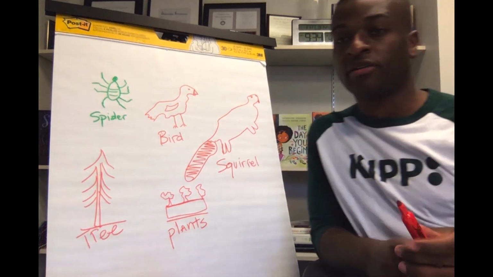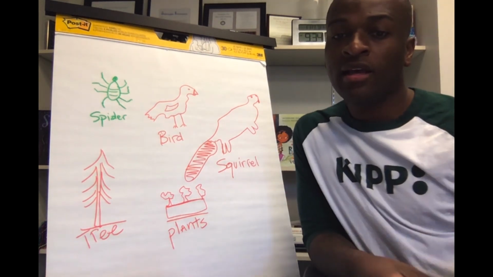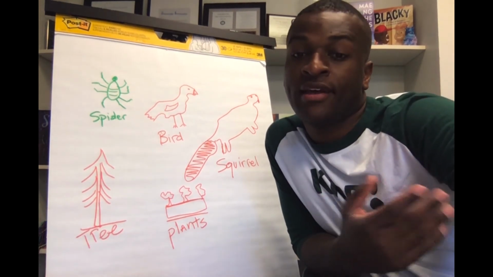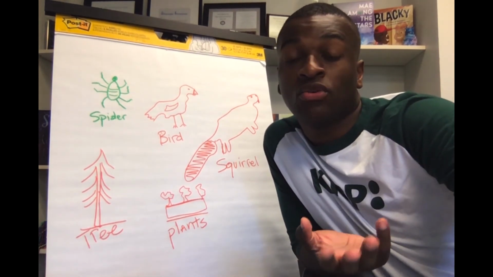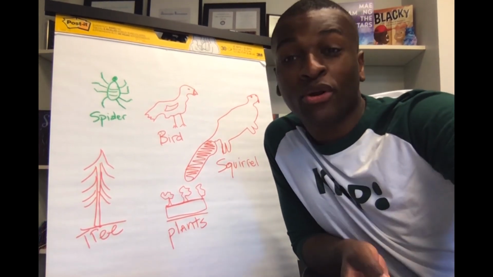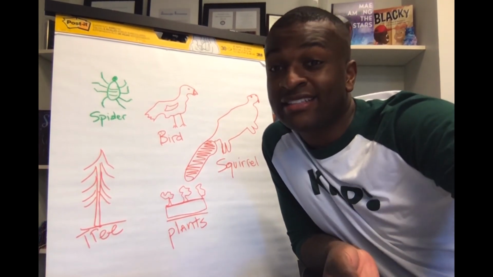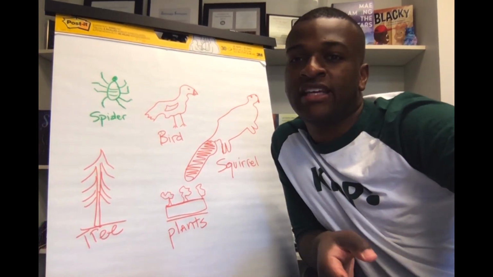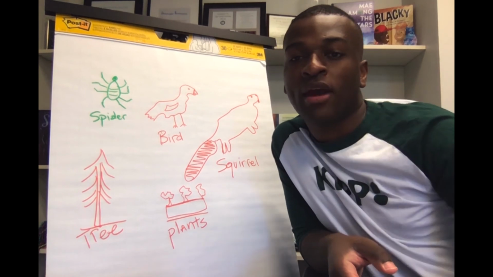I'm going to show them to you later. So there are so many things. You may have drawn all the things around your house, like grass or squirrels or moss or trees or birds or flies or even spiders. The list goes on and on of all the living things that could be outside your house or around your house.